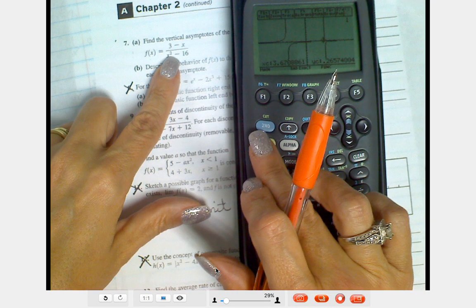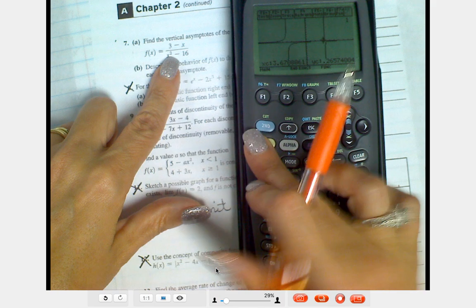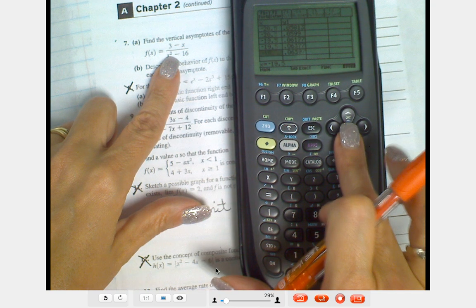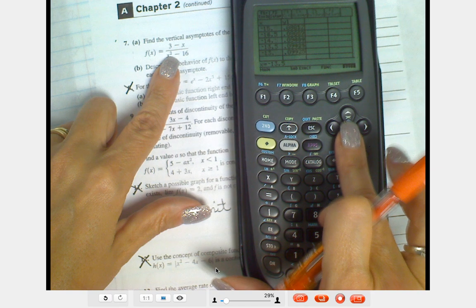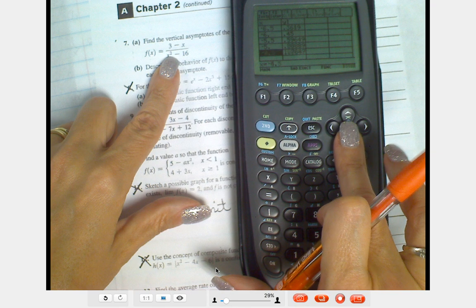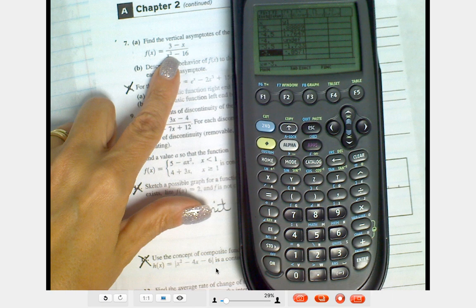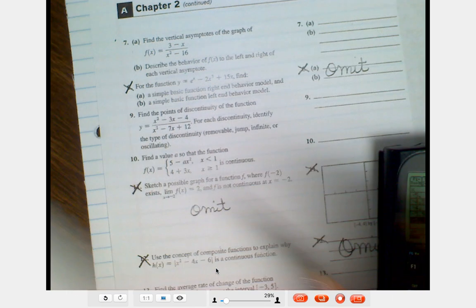So another thing that I can find for vertical asymptotes is go to the table, and I'm going to have to go, because that looked like it was somewhere around -3, -4. At -4, it says that it is undefined. So that is one of them.